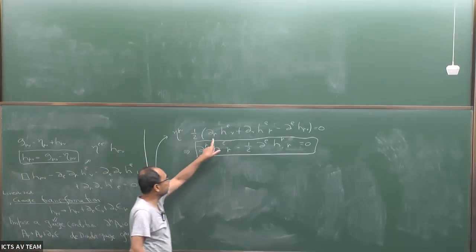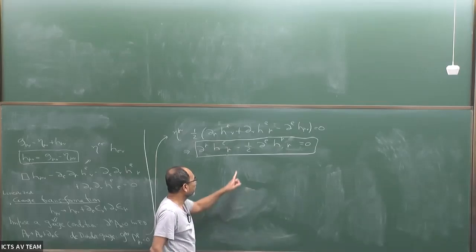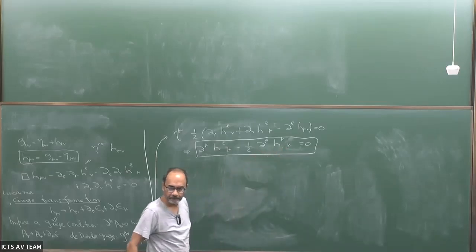I've just used the fact that these two terms are the same. And this mu is raised up, so I can write it this way: minus half del rho h mu equal to 0.